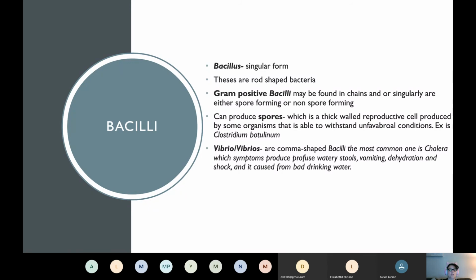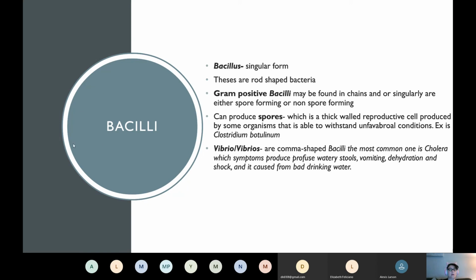And cholera goes in and just wrecks the GI, causes nonstop watery stools and vomiting until your body's so dehydrated that you go into shock. It's a horrible thing, and it's from dirty drinking water.